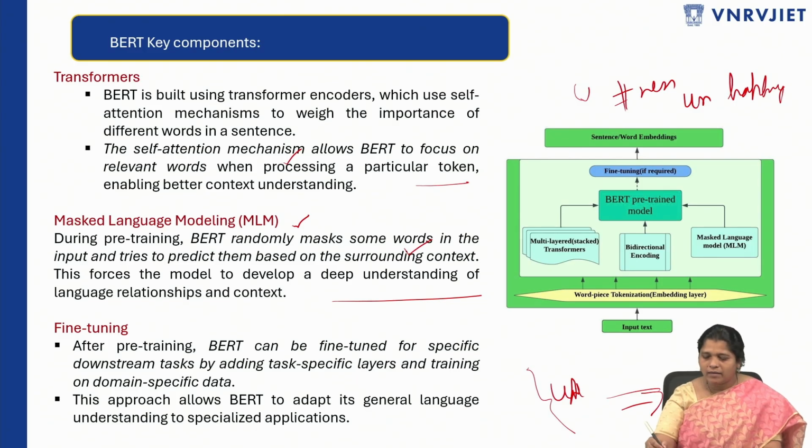Are there any similar terms to unhappy? Yes. After this pre-training of the BERT model, we can fine tune it for some specific application, or we can use it as is. This approach allows BERT to adapt from general language understanding to other specialized applications.